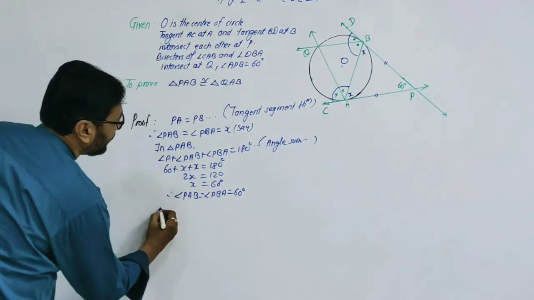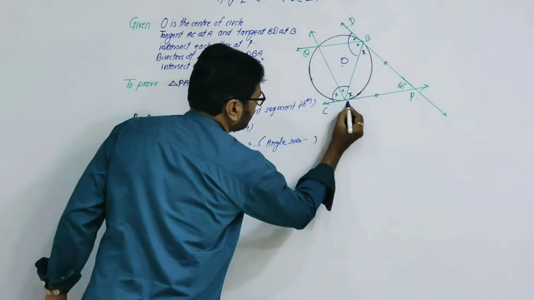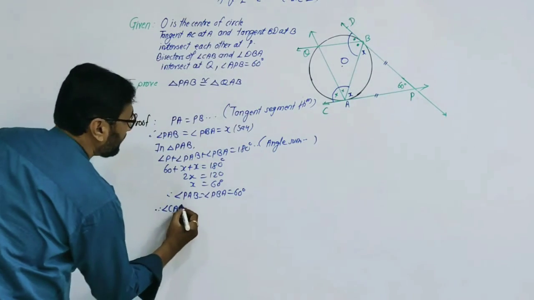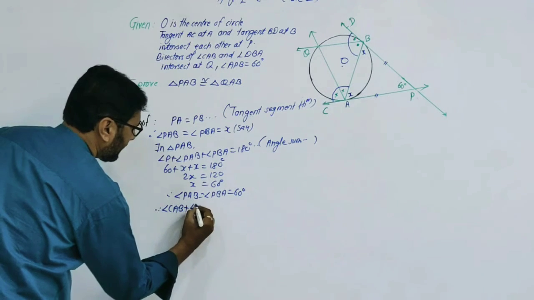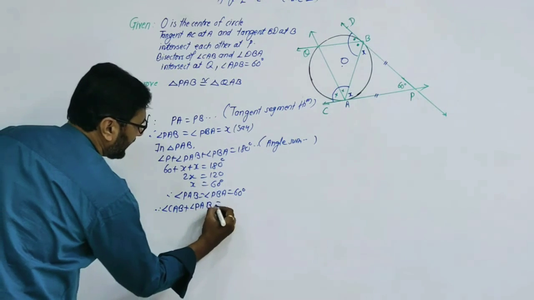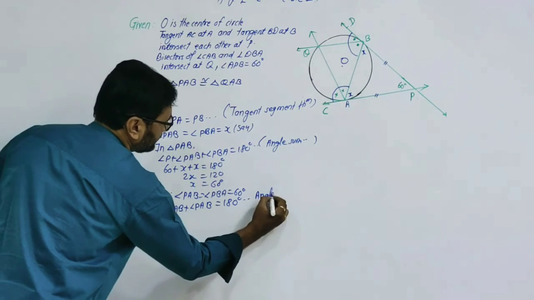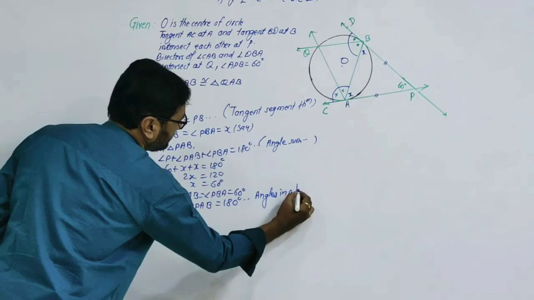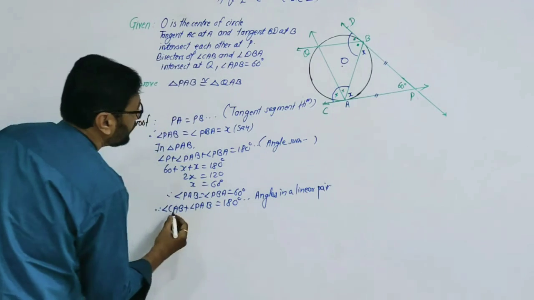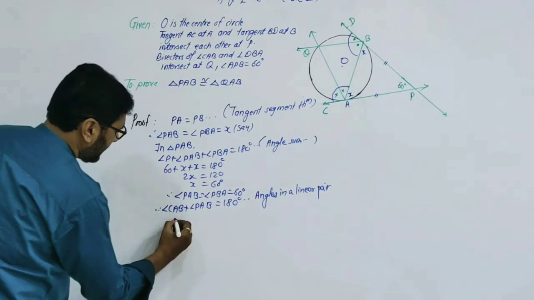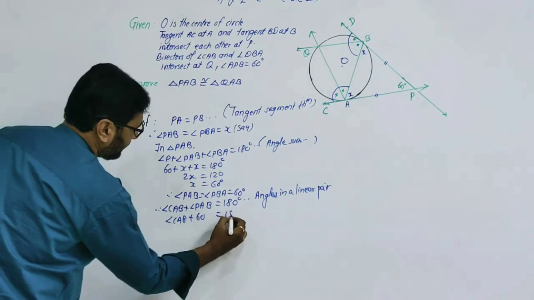See, therefore angle CAB plus angle PAB is equal to 180 degree, angles in linear pair. So CAB plus 60 is equal to 180.